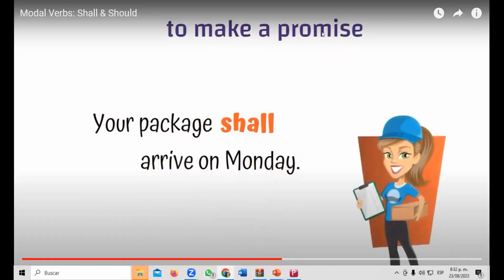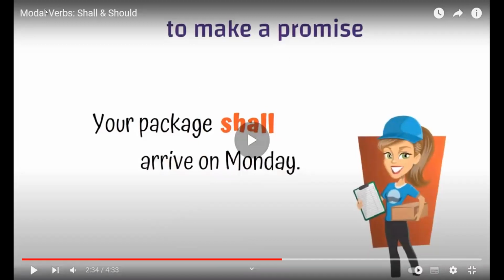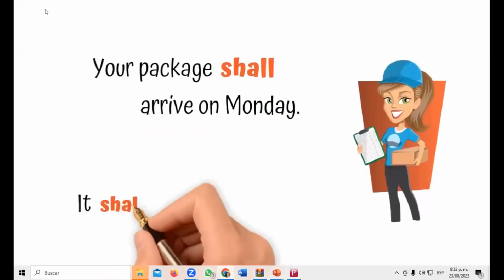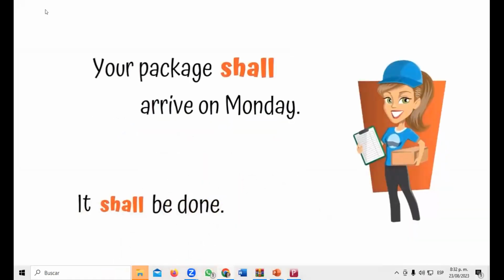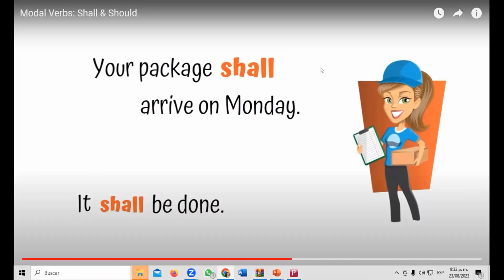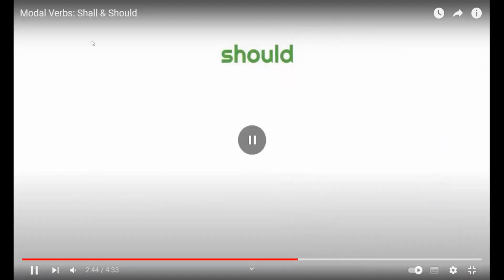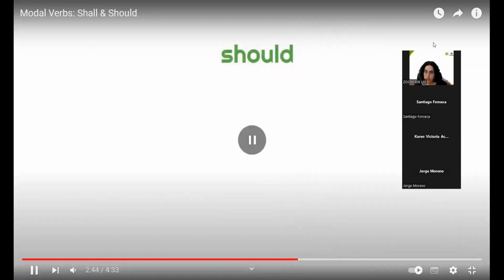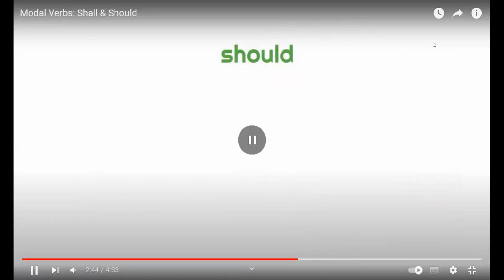Okay, in this case, it's like to make a promise. Your package shall arrive on Monday. It shall be done. All right, so those are the common uses of shall, right?